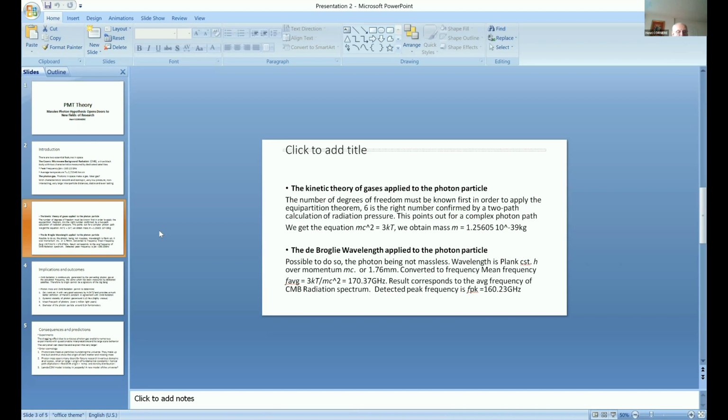Now it can be interpreted with this theory as the ratio between the quantum of photon energy and the mean frequency of the CMB radiation spectrum, or 3kT over f. So we know k, the Boltzmann constant, we know f, the frequency, and T, the temperature. So it is easy to determine the value of h. There is a little more complicated equation to determine the speed of light directly from the CMB.